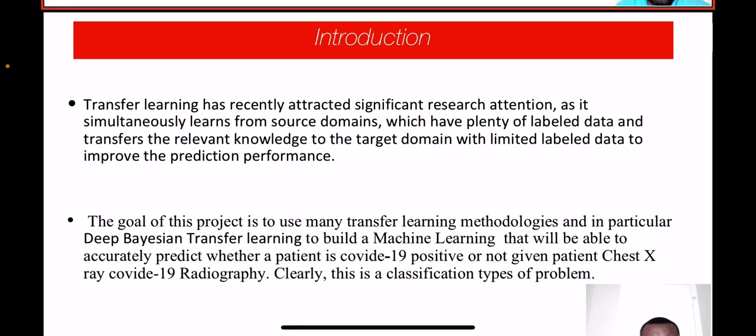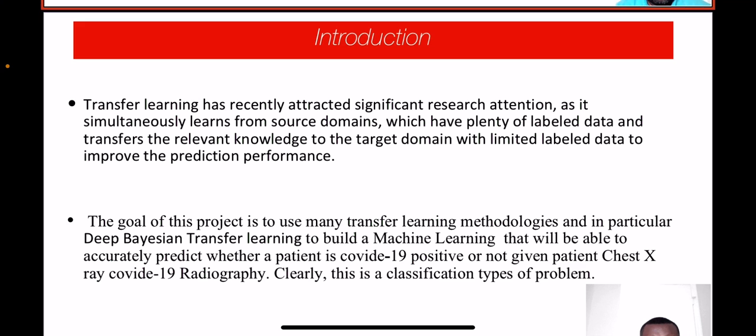What is transfer learning? Well, transfer learning has recently attracted significant research attention as it simultaneously learns from source domains which have plenty of labeled data and transfers the relevant knowledge to the target domain with limited labeled data to improve the prediction performance.